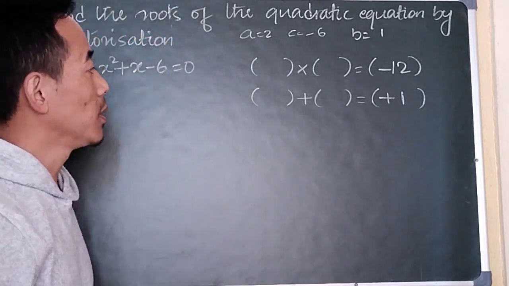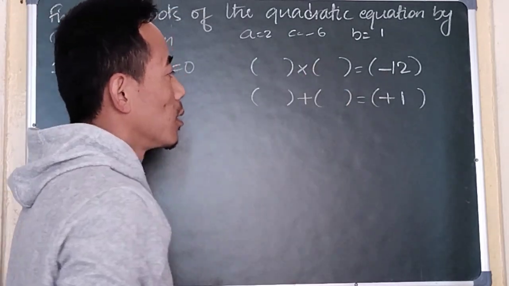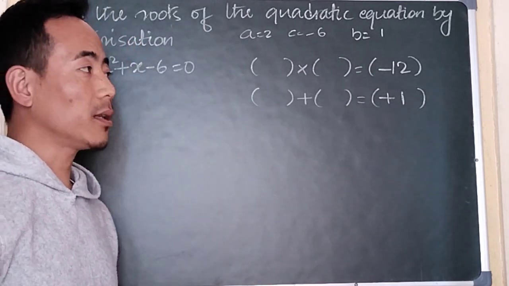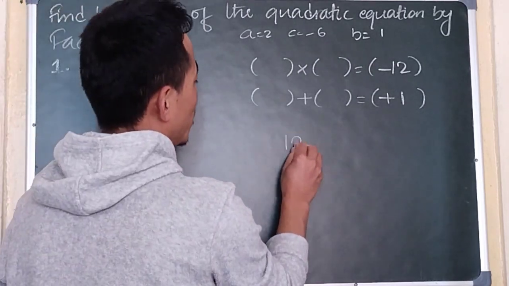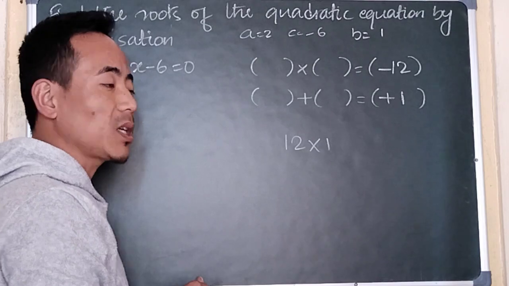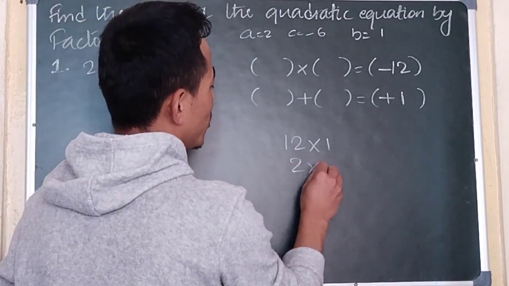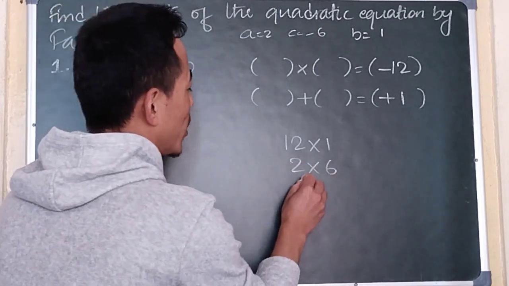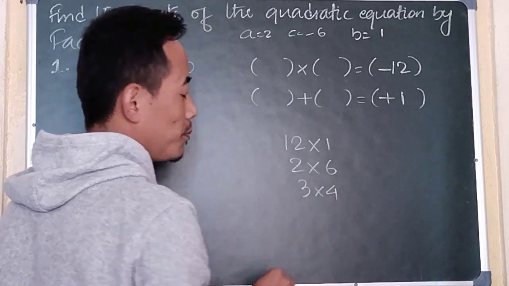So it's very simple. How do we get 12? One, we get 12 by multiplying 12 into 1. Another we get by 2 into 6. Another we can multiply 3 and 4.